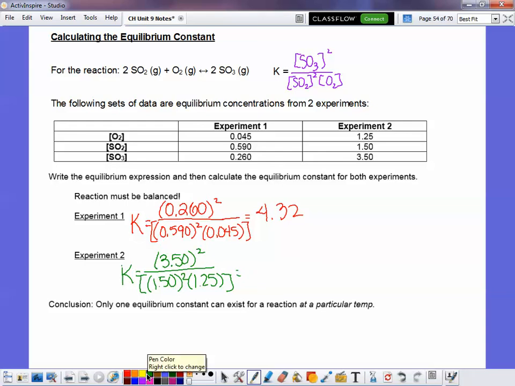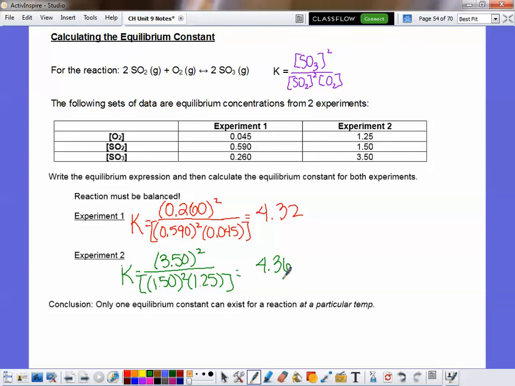I'll talk about that in a moment. What did you get for experiment 2? 4.35. 4.36.